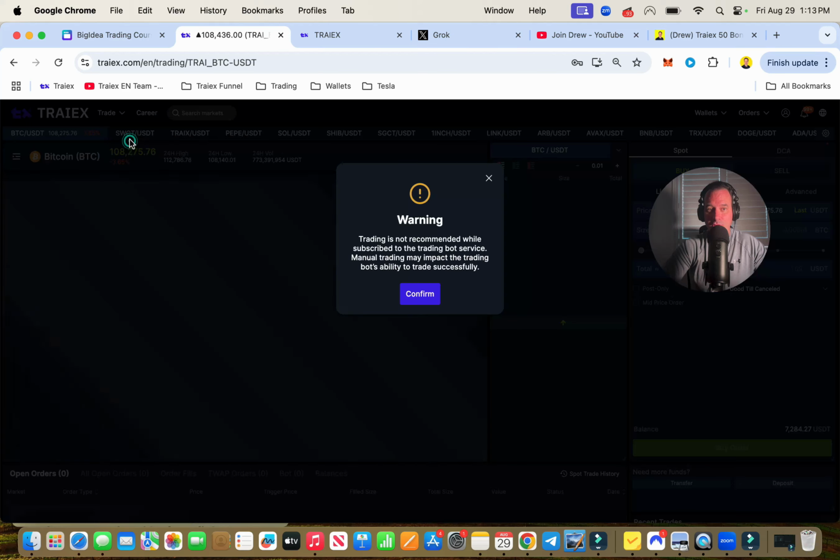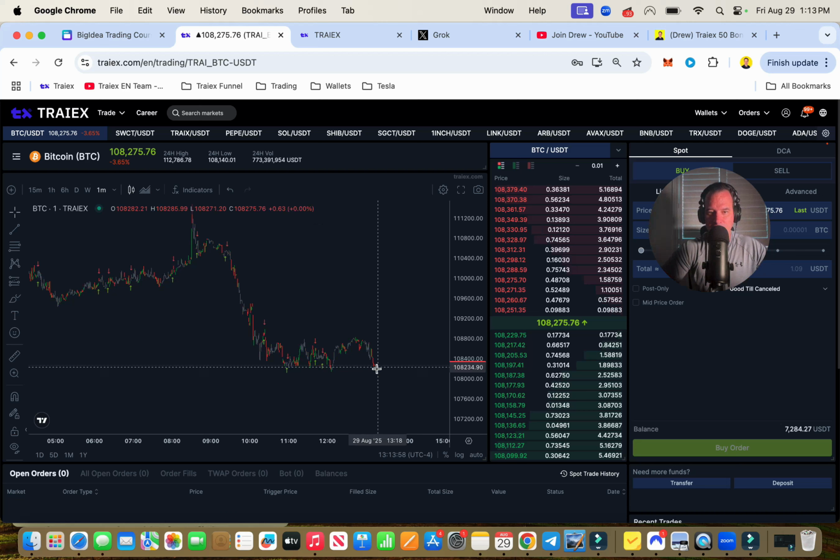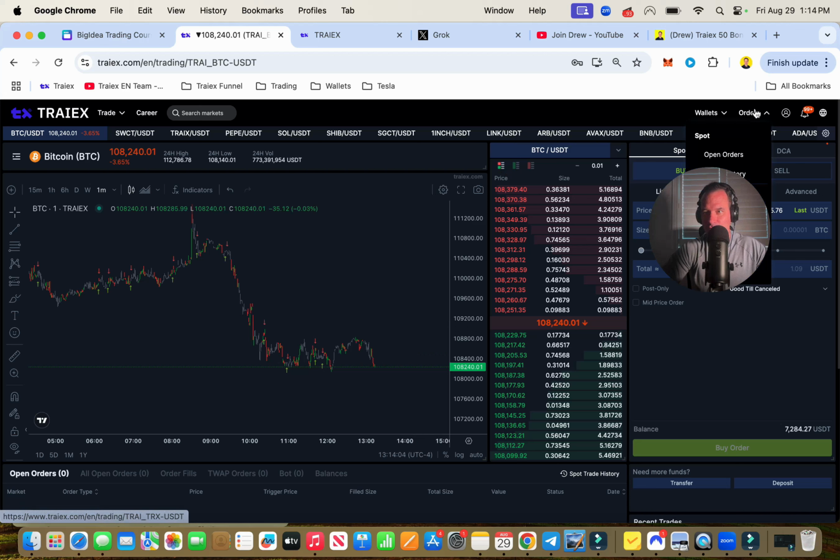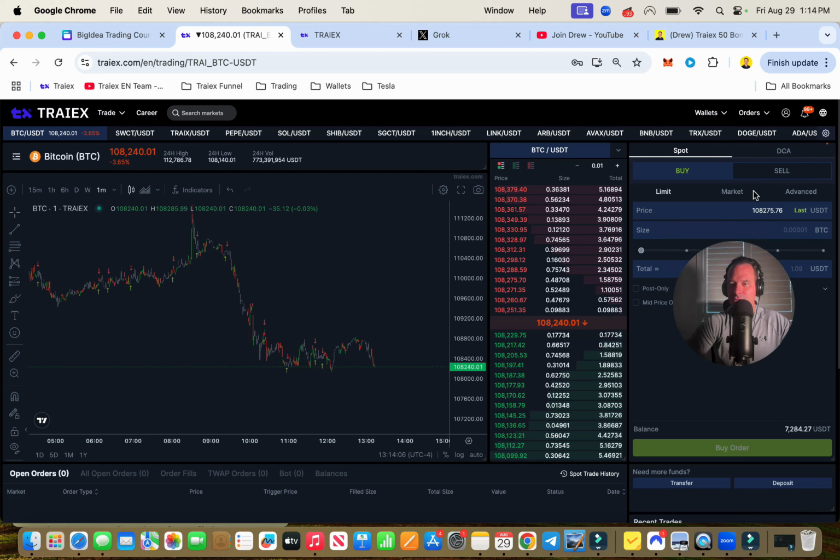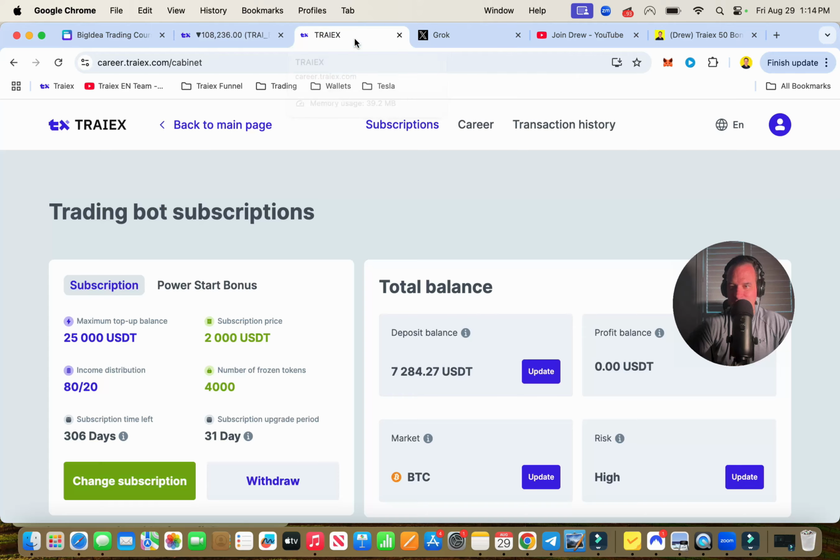You can go to the spot, go to the chart, and when it places a trade, you can see the bot trading in your account. Then you can go over to the trade history and check that trade. You can confirm everything with your own eyes. You don't need to just watch me say, oh, look, it's real. You can see with your own eyes that it's real.